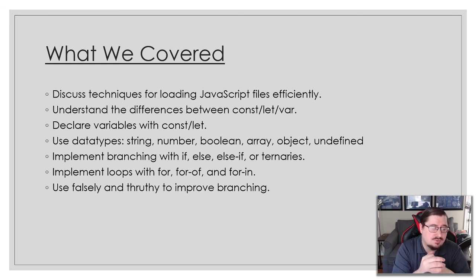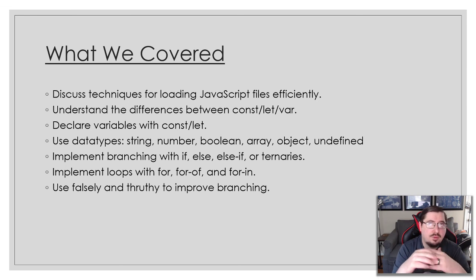Data types in JavaScript include string, number, boolean, array, object, and undefined. Those are your basic data types in JavaScript. We talked about how to implement branching with if-else and else-if, and we also briefly talked about ternaries. We talked about how to implement loops with the for structure, your counted loops, your for of, or your for in.